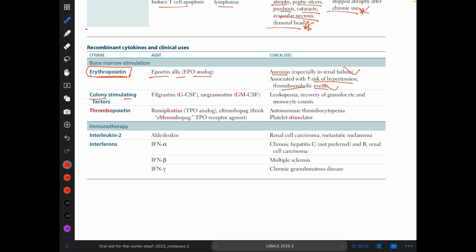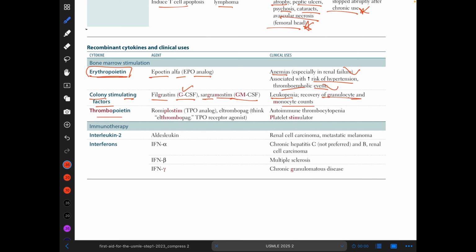Secondly, there are colony stimulating factors, whose names are filgrastim and sargramostim. They stimulate granulocyte colony stimulating factor and also GM-CSF. It is mostly used for leukopenia, recovery of granulocyte and monocyte counts.